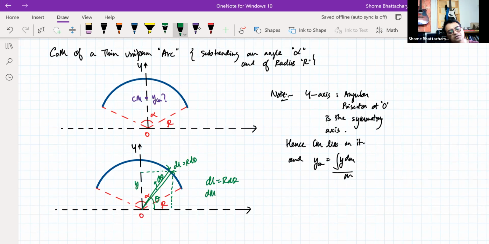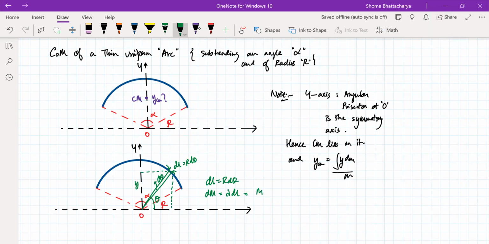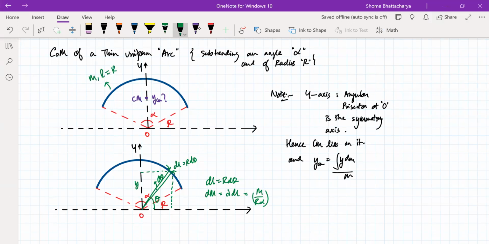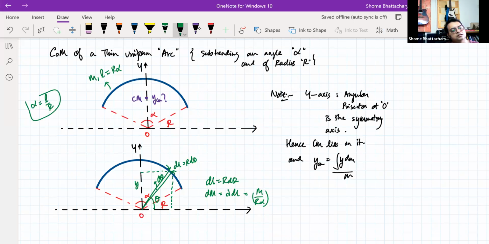Therefore dm. Now dm here will be what? Lambda dl. Lambda will change. What will lambda be now? So m by alpha r. R alpha, because the total length of the wire has mass m. It will have a length of R alpha, because alpha is arc length upon radius. So make use of this.